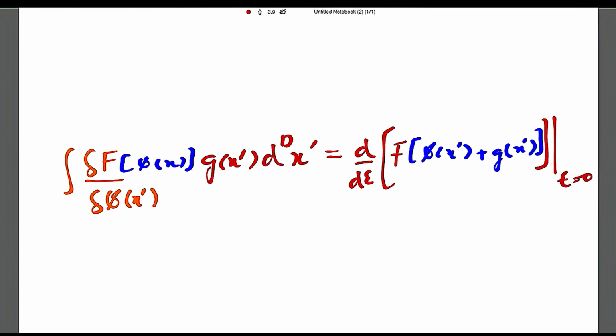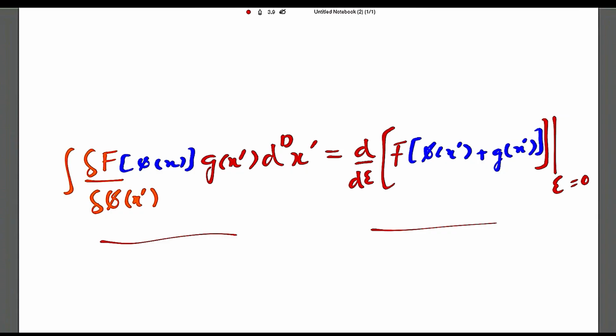After evaluating all these things, what we will do is put epsilon equal to 0, and that is the differential form. So this is the integral form and this is the differential form, and we manipulate these formulas to calculate the functional derivative indirectly.